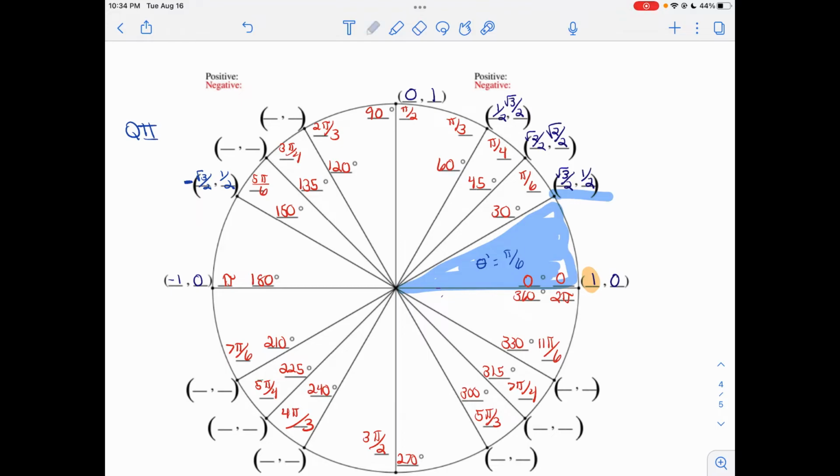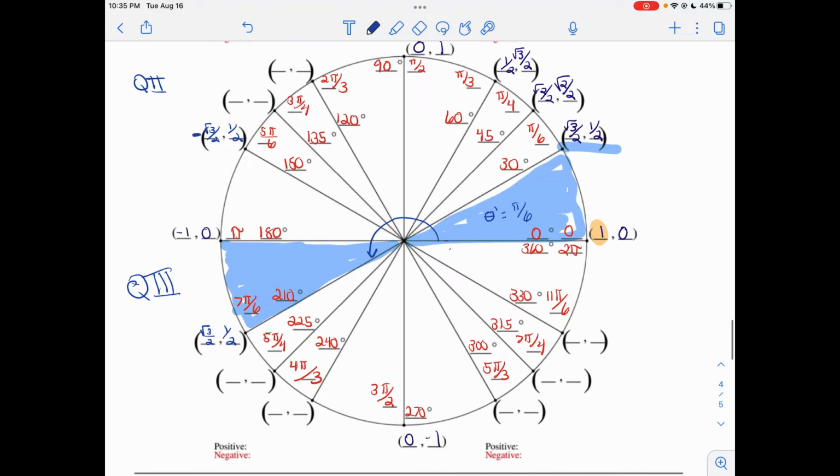And now we continue. Now I'm going to move to quadrant 3, and I want an angle that has a reference angle of 30 degrees in quadrant 3. That's obviously 210. So this ordered pair must be the same as my 30 degree ordered pair. The difference is when we're in quadrant 3, our x's are negative, and we're on the negative y-axis, so our y's are negative as well.